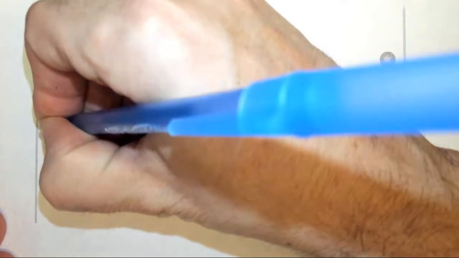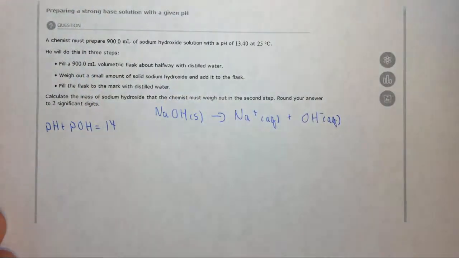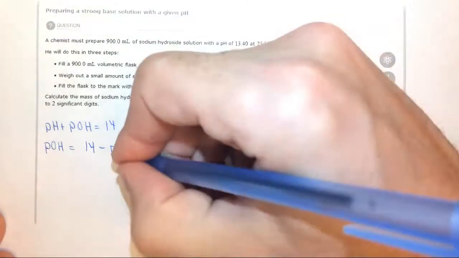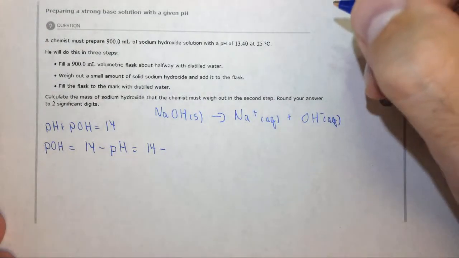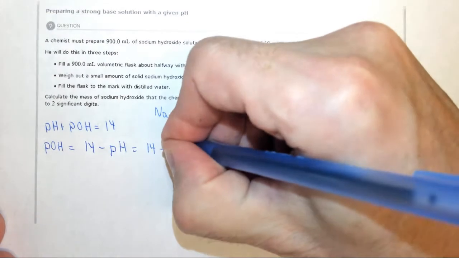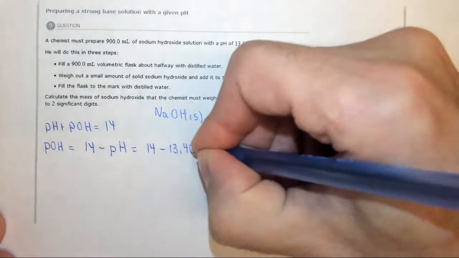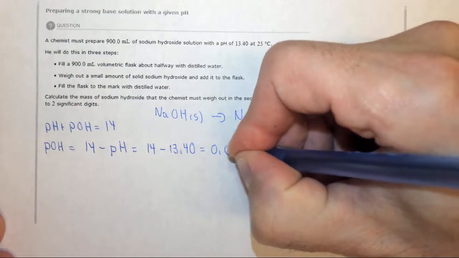If you recall, pH plus pOH equals 14. Said another way, pOH equals 14 minus the pH, which in this case equals 14 minus 13.40, which equals 0.60.